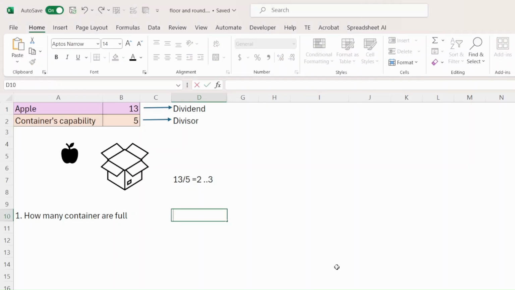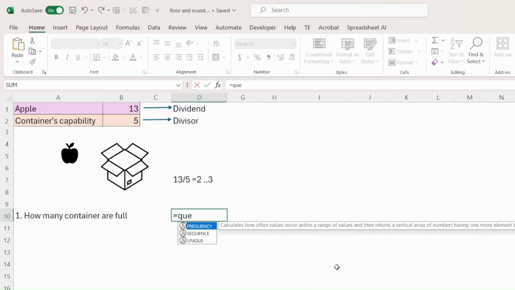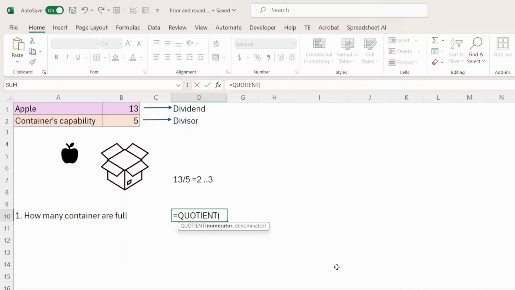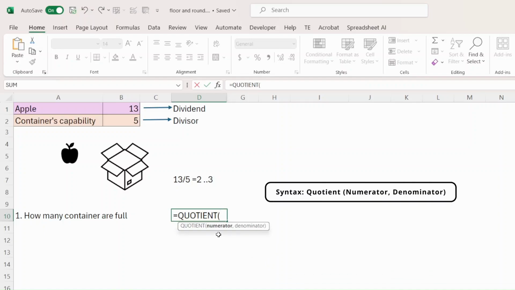Here I can use a function called QUOTIENT. The syntax of QUOTIENT: the first one is the numerator, which represents the dividend, and the second one is the denominator, which represents the divisor.